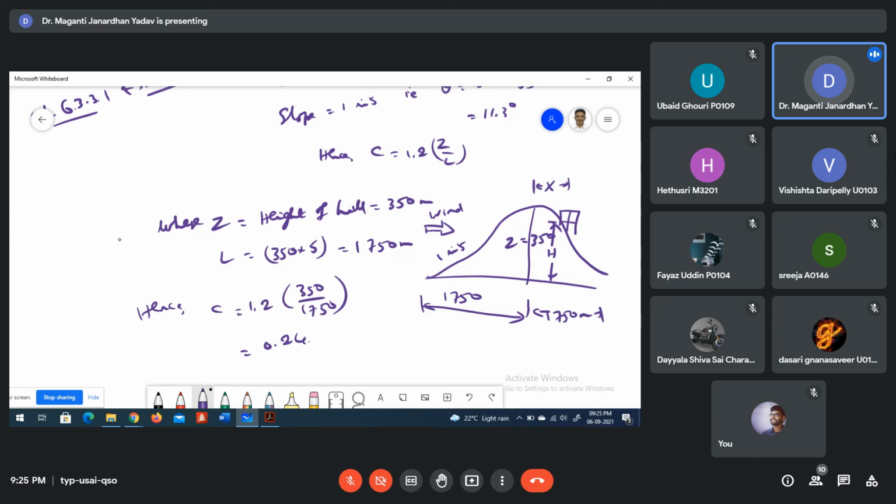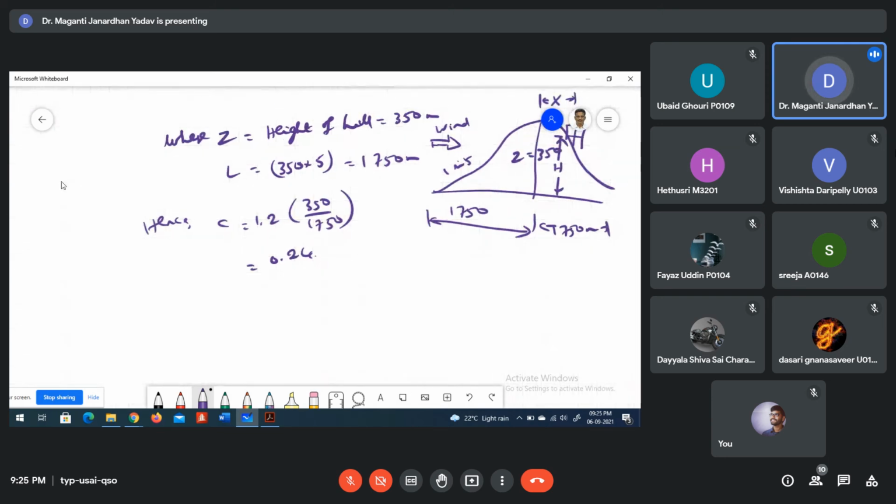Can you calculate the H value? Can you interpolate the H value? This is 350 at 200 meters.